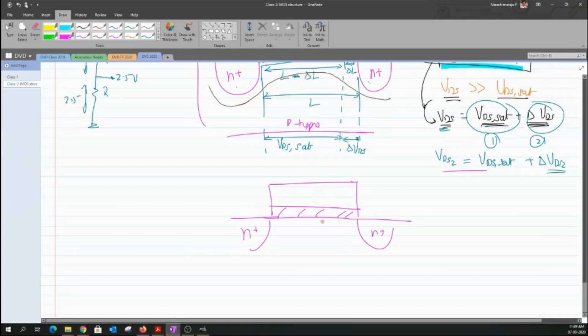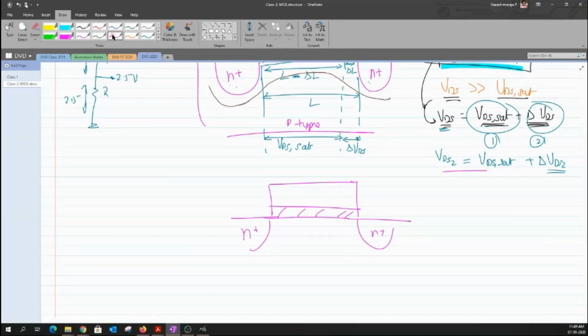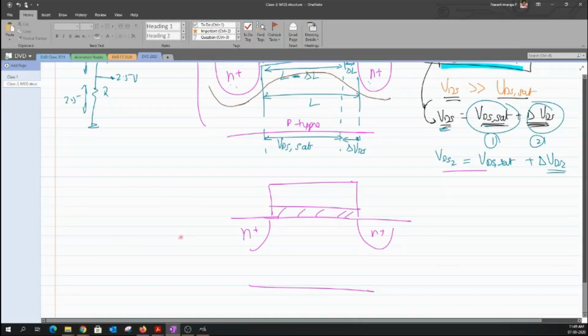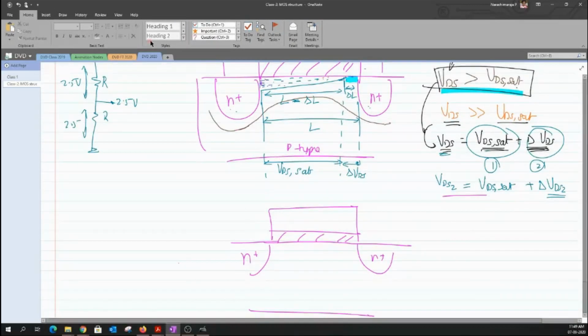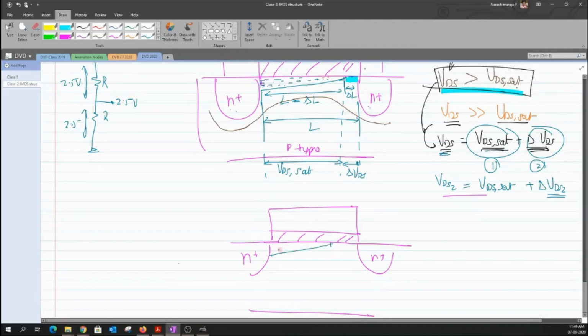Due to this the channel has been tapered very strongly compared to the previous condition. Let me get the condition, and there exist electrons in this particular zone. Right now the delta L is comparatively higher than the previous delta L length. And this one has again got dropped.